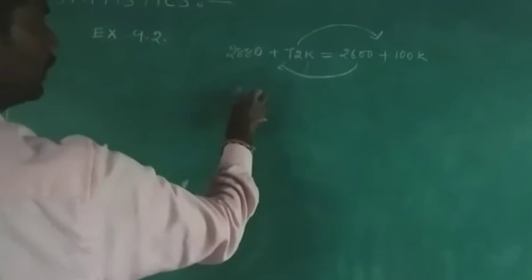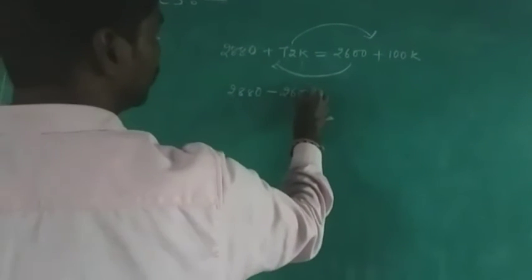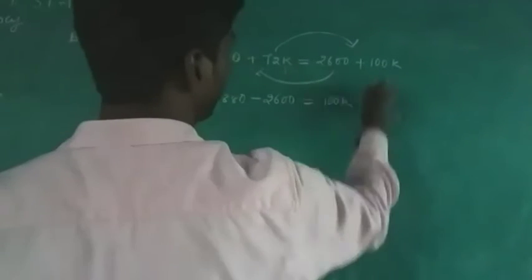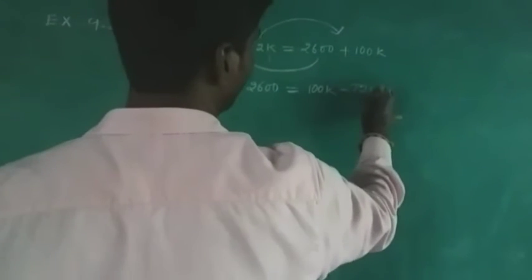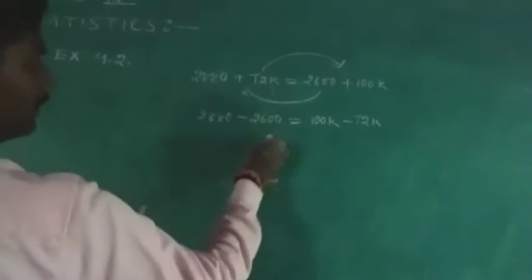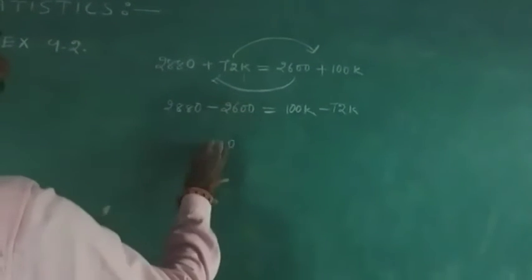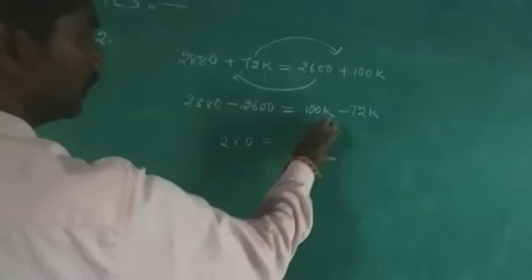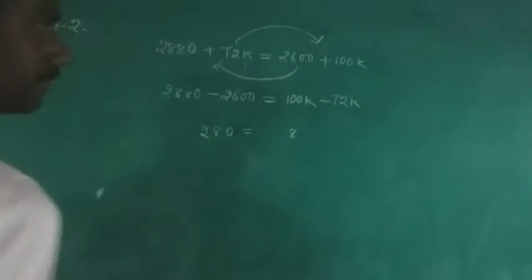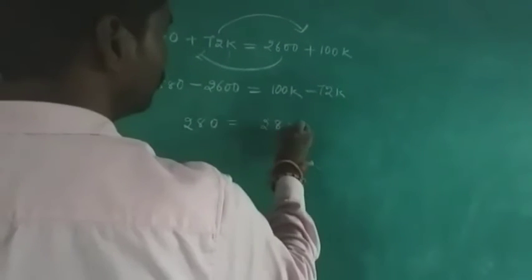So 2880 minus 2600 is equal to 100k minus 72k. Subtraction: 0 minus 0 is 0, 8 minus 0 is 8, 8 minus 6 is 2, 0 minus 2 means 10, 8, 9 minus 7 is 2.